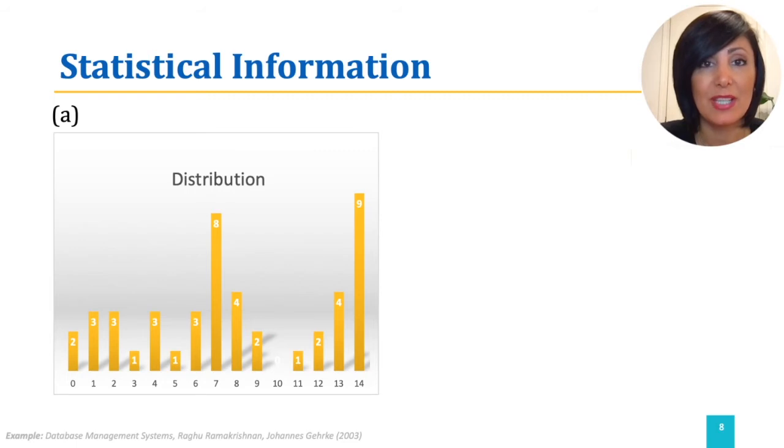Using this distribution, if we have a selection, for example, with the condition attribute larger than 13, that means only the value 14, which has 9 tuples. So we have a size estimate based on the actual number of tuples for this relation.